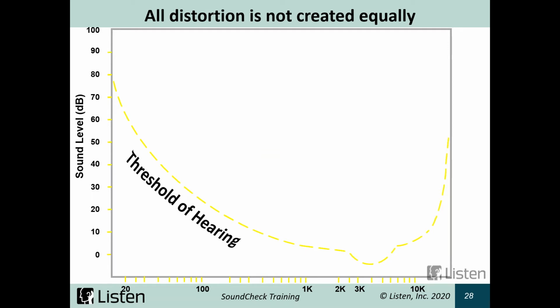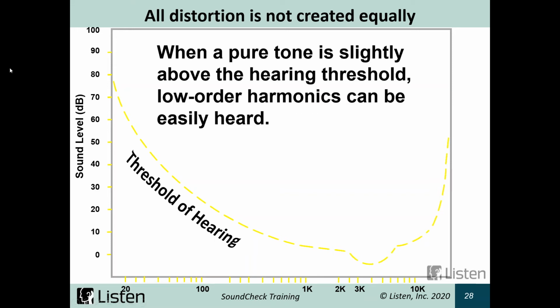So all distortion isn't created equally, and this has to do with a threshold of hearing and how the human ear will interpret different sounds and the harmonics as they get closer or farther away to the fundamental. If a pure tone is slightly above the threshold of hearing, then the lower order harmonics can be easily heard.